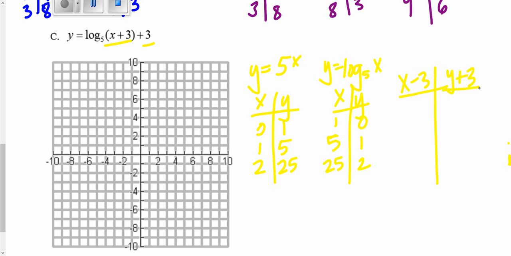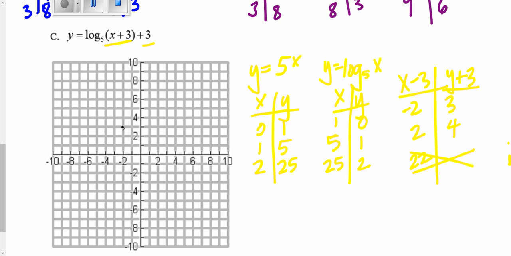So make sure you do that from the second table, so subtracting 3 from these x's, that would be negative 2, positive 2, and that's still going to be 22, sorry. So that's going to go off the graph. We don't have to worry about that last point. And then adding 3 to the y, so that would be 3 and 4. So I only have 2 points that fit on this graph, but that's totally okay because I'm also going to have that vertical asymptote I have to think about.